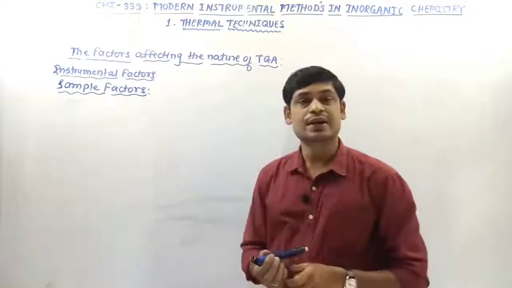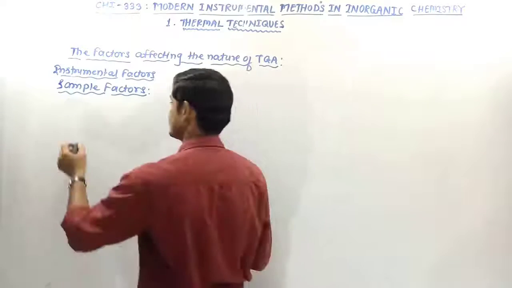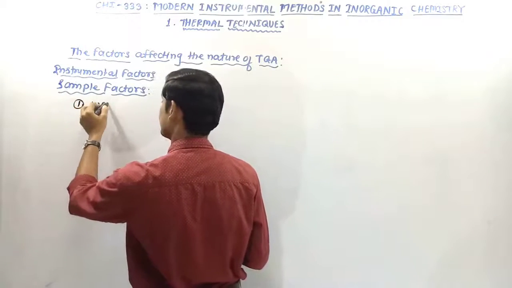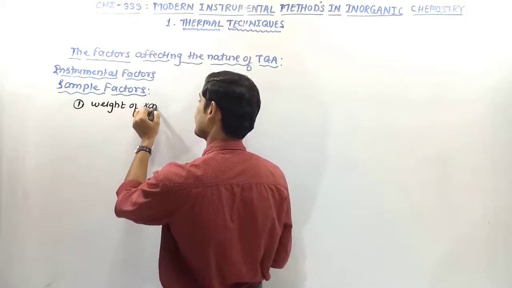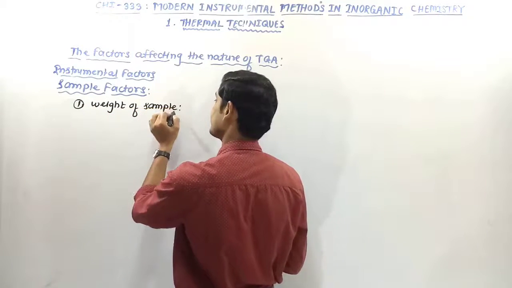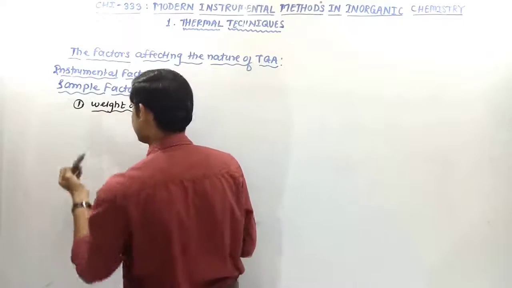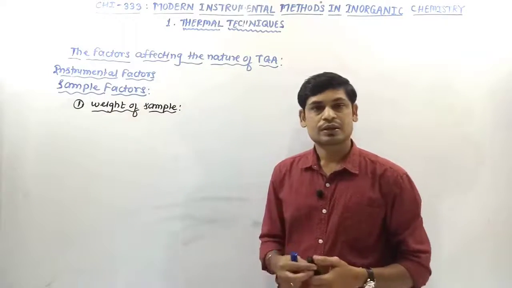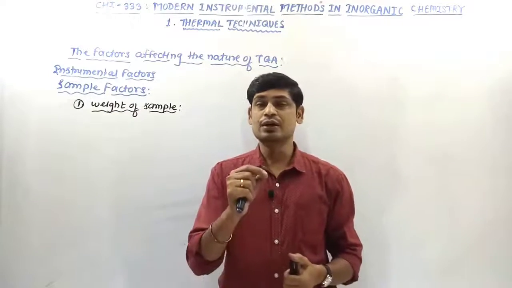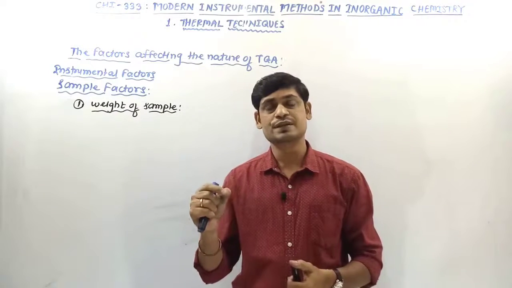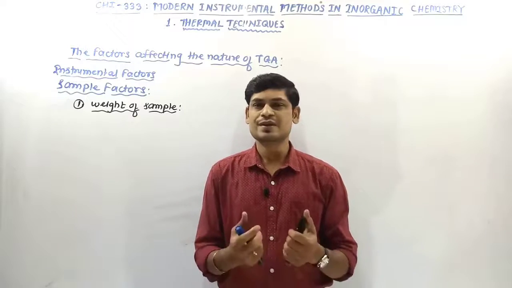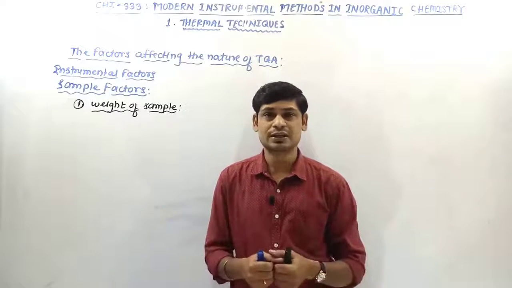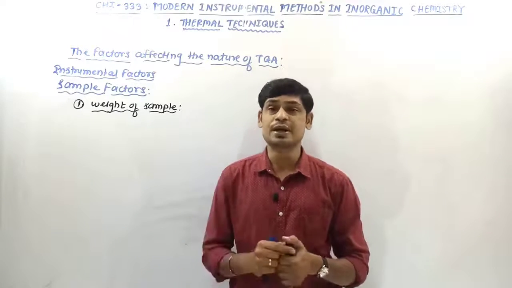The first sample factor is the weight of the sample. A small weight of a sample will produce a better result, because obviously once the weight of the sample is higher, another phenomenon may take place.